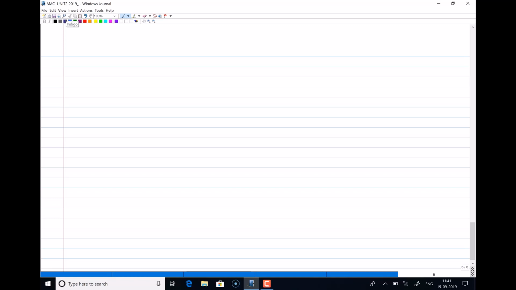Now I just want to show the structure of a BJT. Like MOSFET, BJT can be considered as an N, a P, another N, where this is your emitter terminal, this is your base terminal, and this is your collector terminal.